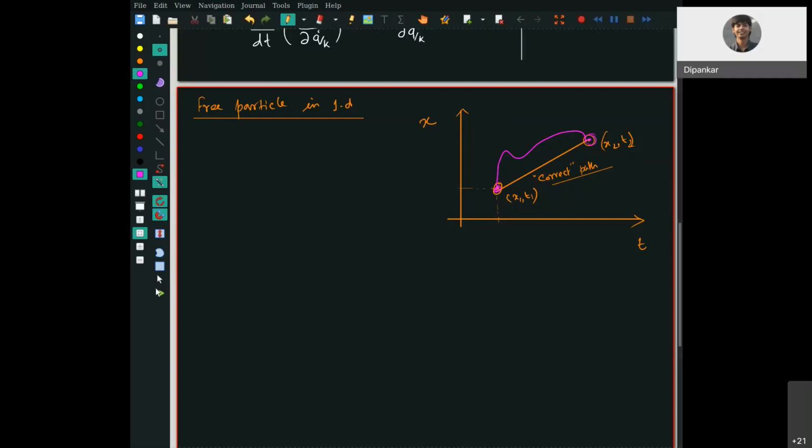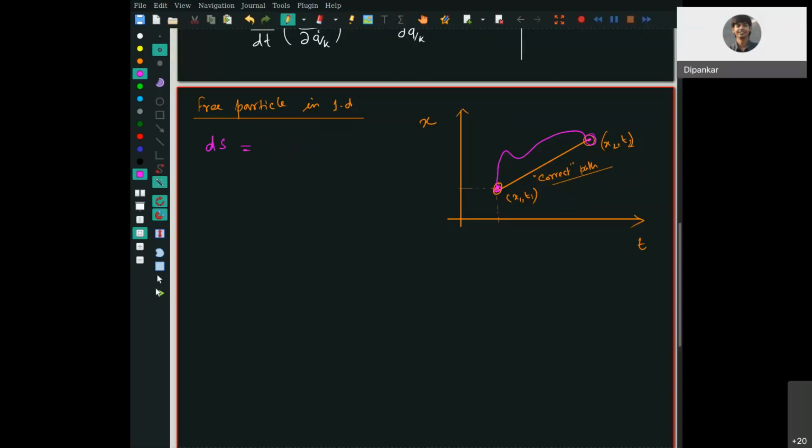It is trying to minimize the distance between this point and this point, because the correct path is the straight line, and we define a straight line by the minimum distance between two points. So what it is minimizing is the distance ds.